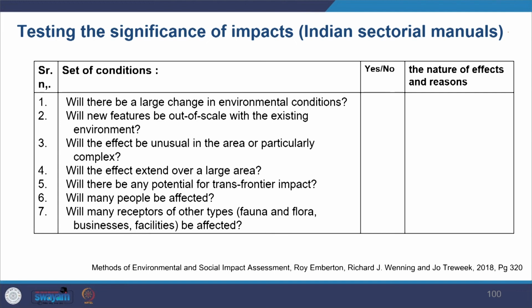Will the effects be unusual in the area? Will the effect extend over a larger area? Will there be any potential for trans-frontier impact? Will many people be affected? Will many receptors of other types, flora, fauna, business facilities, be affected? So what is the number of effects which will happen?